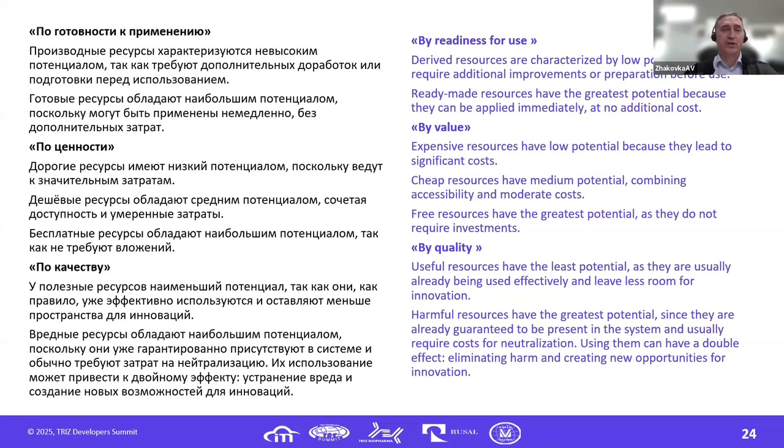Again, ready resources have higher weights than those resources that are derived. Ready resources, you can take them out easily. Those resources that are derived need to be further improved for further application. Again, free resources have the highest priority, and very costly resources have the lowest priority.